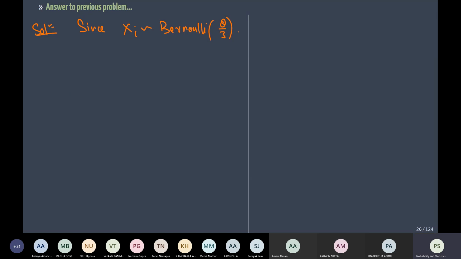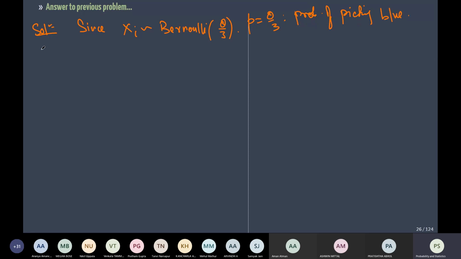It's Bernoulli, so it's blue or red, but theta is the number of blue balls. So the probability that I get a blue is theta by 3, which is the probability of picking blue.